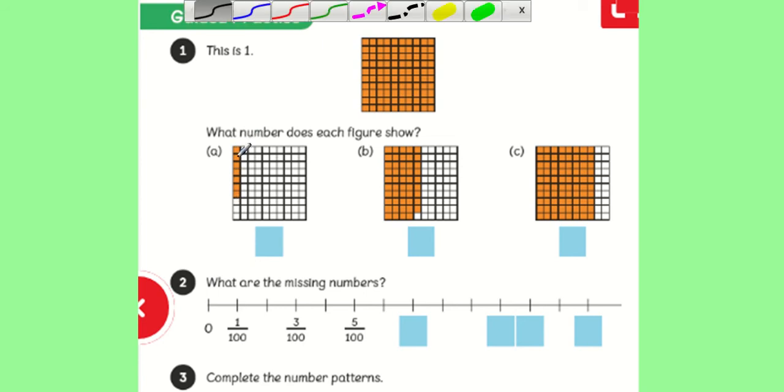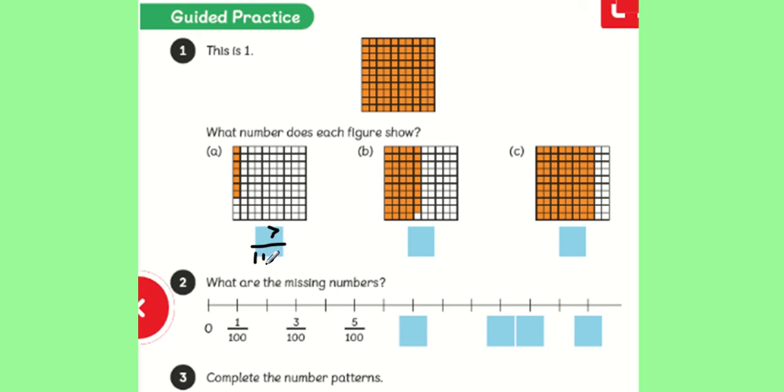So 1, 2, 3, 4, 5, 6, 7. We've got 7 out of 100, which is 7 hundredths. Okay, what about this one? Let's count up.